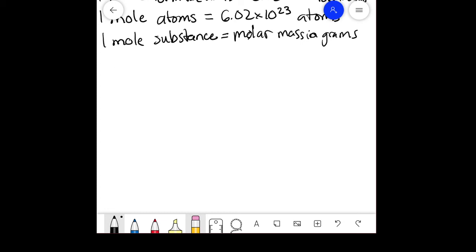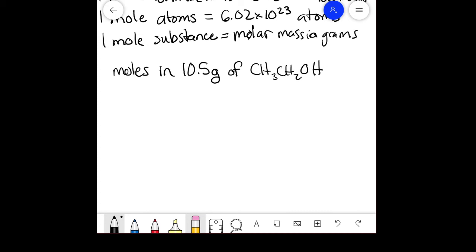So here's an example. Say we want to get moles, so how many moles in 10.5 grams of CH3CH2OH?